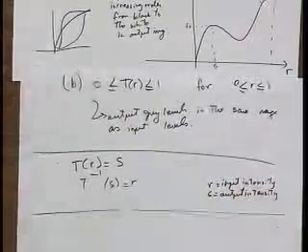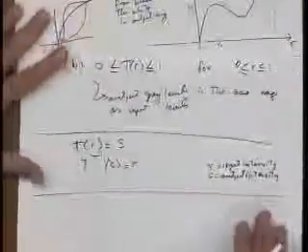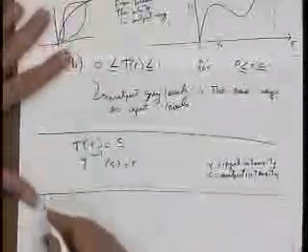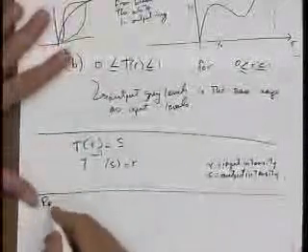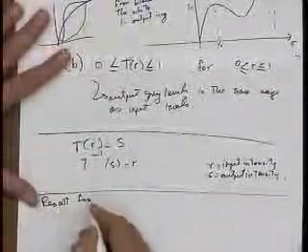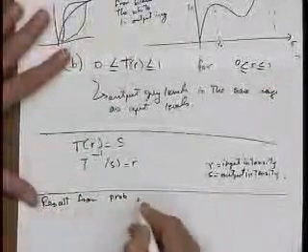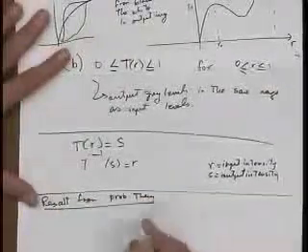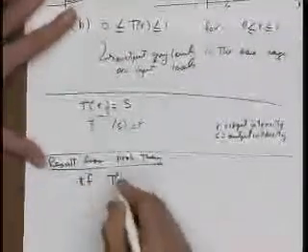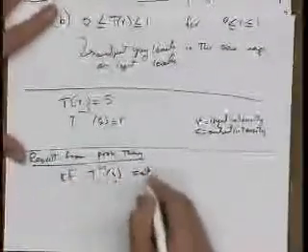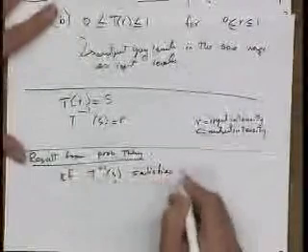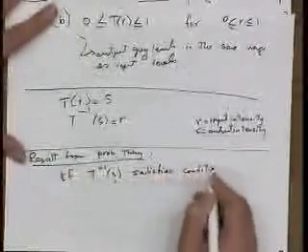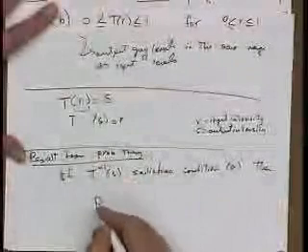There's a major result from probability theory that says the following. If T inverse of S satisfies condition A that I just listed, then the probability distribution of S and R are related in the following way.